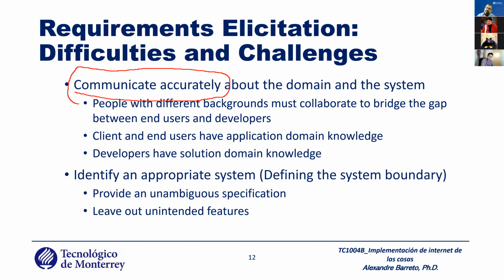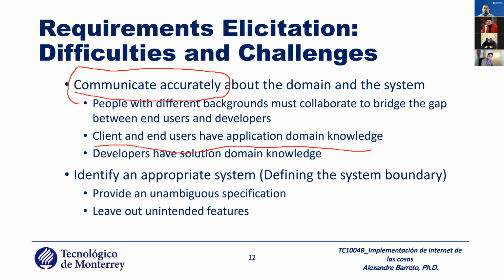But inside the client team, you have different backgrounds. One example: what a task means to HR people and to developers is completely different, okay? And this difference can generate noise in requirements elicitation.